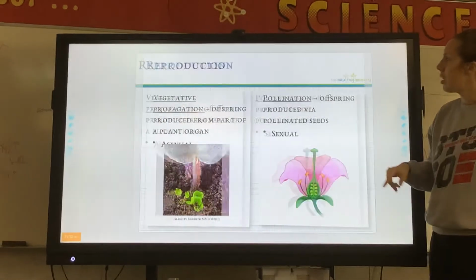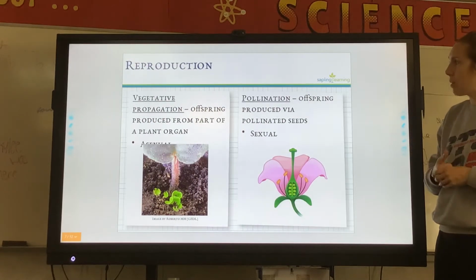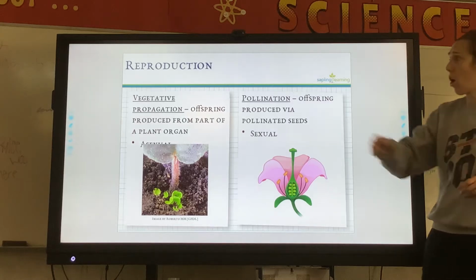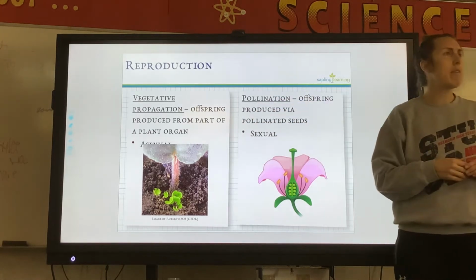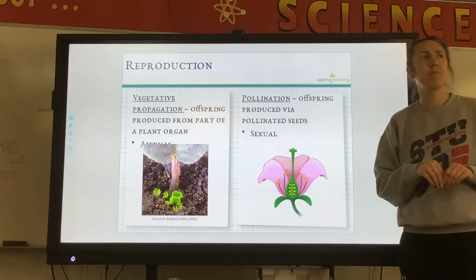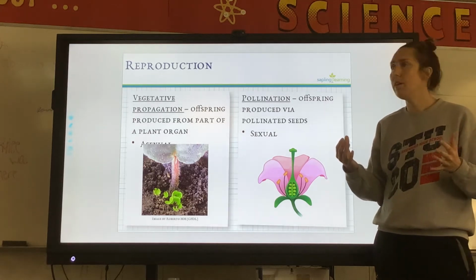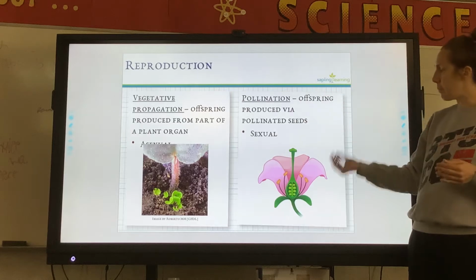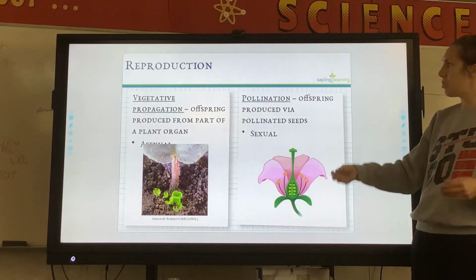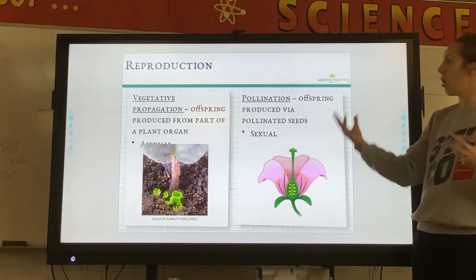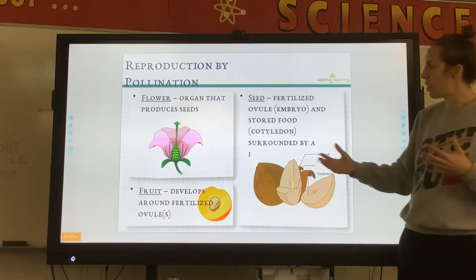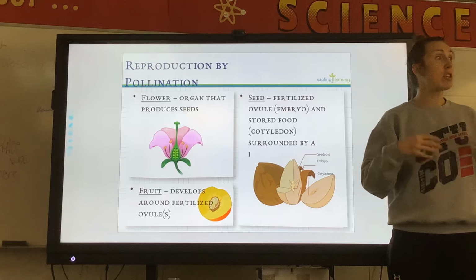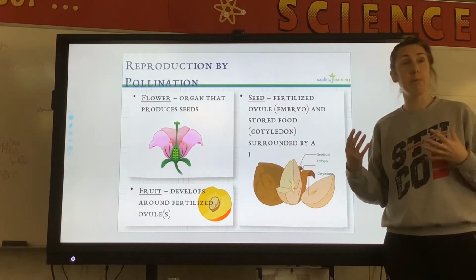Okay, we are going to mention that some plants are asexual and they're not as complicated. When things become sexual, they need to be pollinated. They need pollinators. And a lot of the things that they produce, such as fruits or seeds, are actually parts of the reproductive parts of the plant.